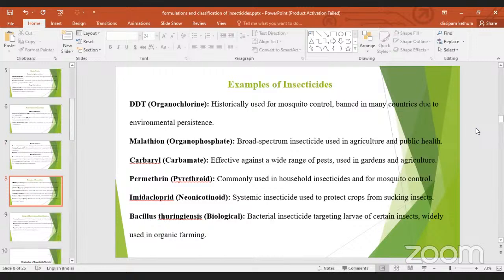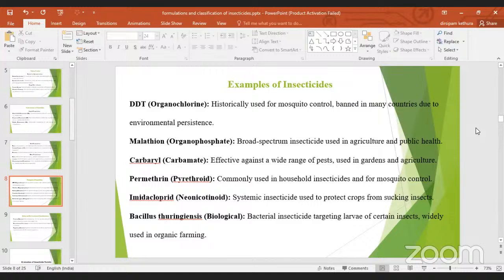And coming to the examples of the insecticides, we already studied these things in our previous slides. DDT, which is an example for organochlorine, malathion, which is an example for organophosphate, and carbaryl, which is an example for carbamate, permethrin, which is an example of pyrethroid, imidacloprid, which is an example of neonicotinoid, Bacillus thuringiensis, which is an example for biological insecticide.